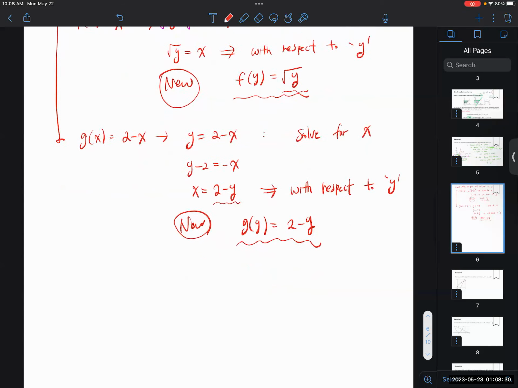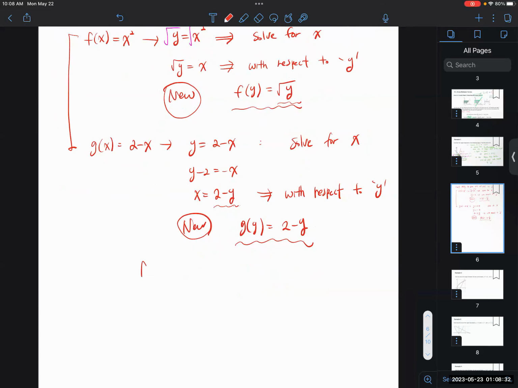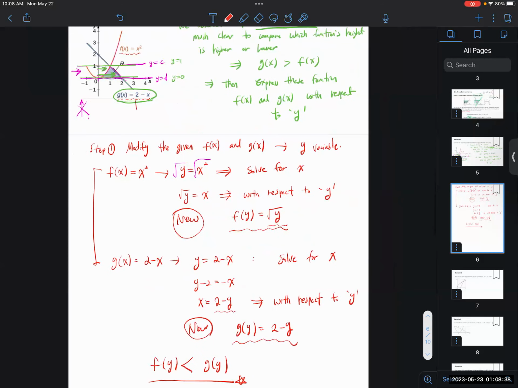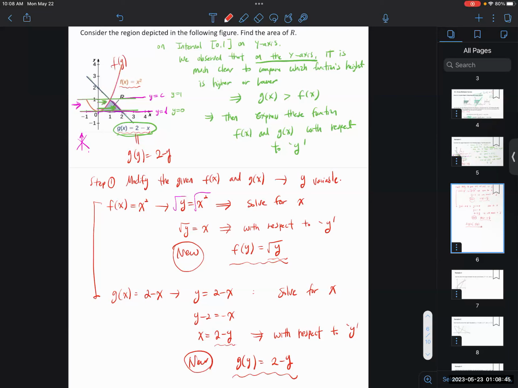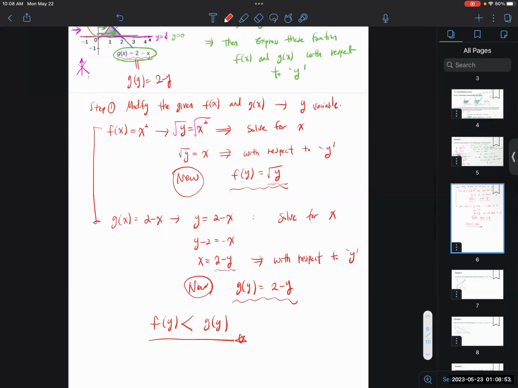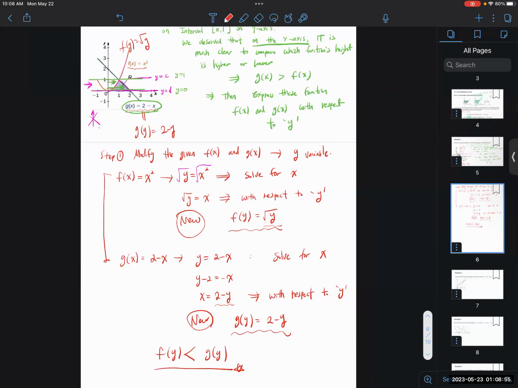So now from the new f of y and g of y, we proved that the g function height is higher. So g of y equals 2 minus y, and f of y equals radical y. So this is your new f and g in terms of the y variable, and we proved that the g function is higher.